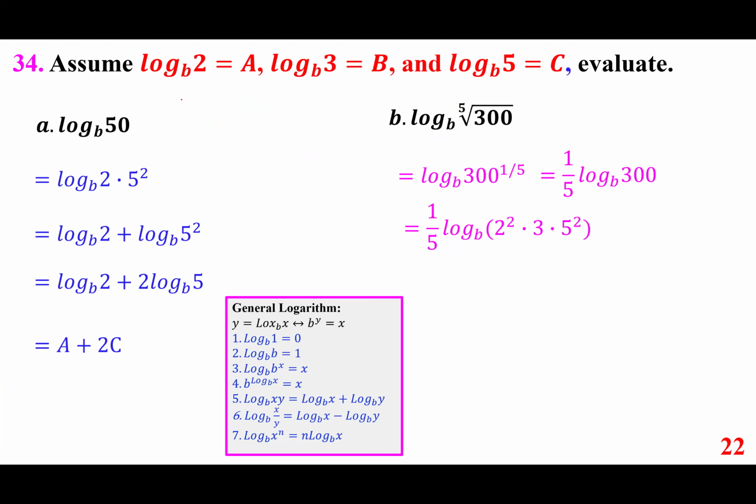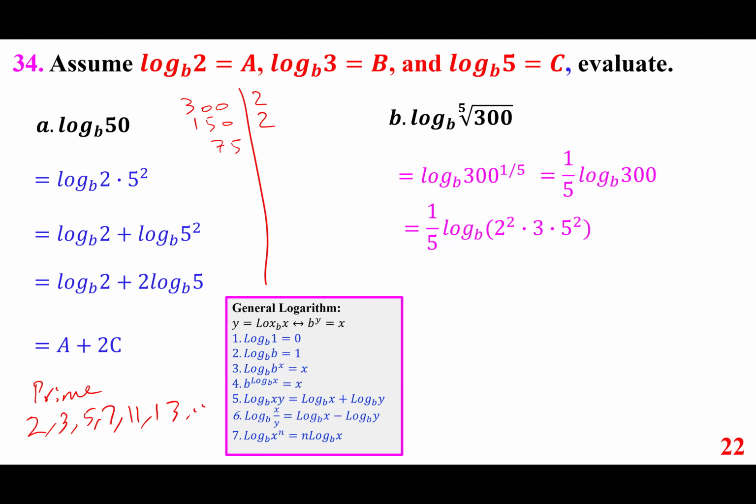So we would put 300, and then remember prime numbers are 2, 3, 5, 7, 11, 13, and you continue. So you start with 2, you get 150. 2, you get 75. Can you divide by 2 anymore?